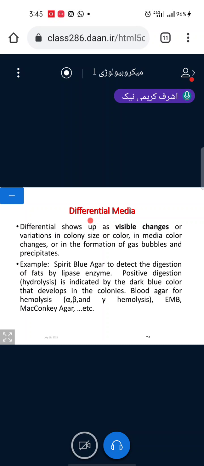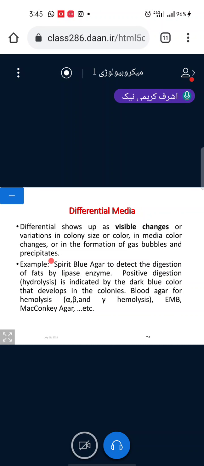Differential media. Differential shows up as visible changes or variation in colony size or color, in media color changes, or the formation of gas bubbles and precipitates.